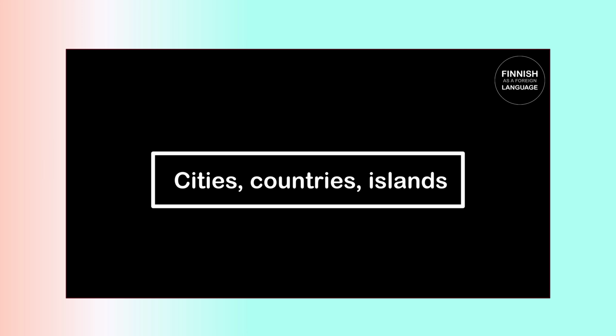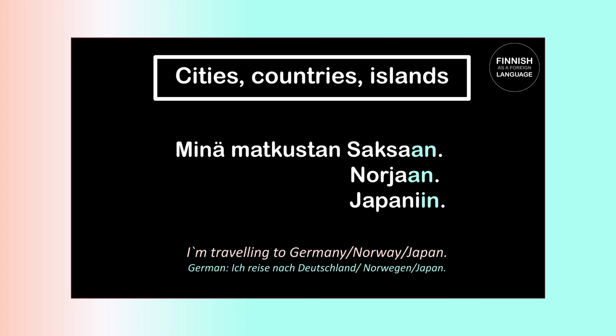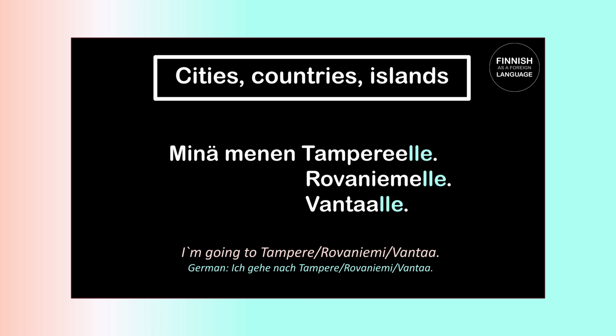Now let's carry on with chapter 6, where we're going through some random city and country names. So when we want to say that we're going or traveling somewhere, then we usually use the illative case. For example, matkustan Saksaan, Norjaan, or Japaniin. I'm traveling to Germany, Norway, or Japan. However, sometimes there are countries or cities where we instead have to use the allative case.